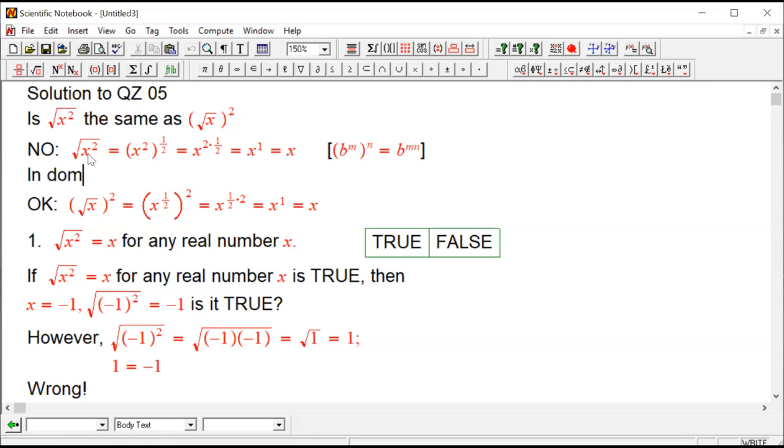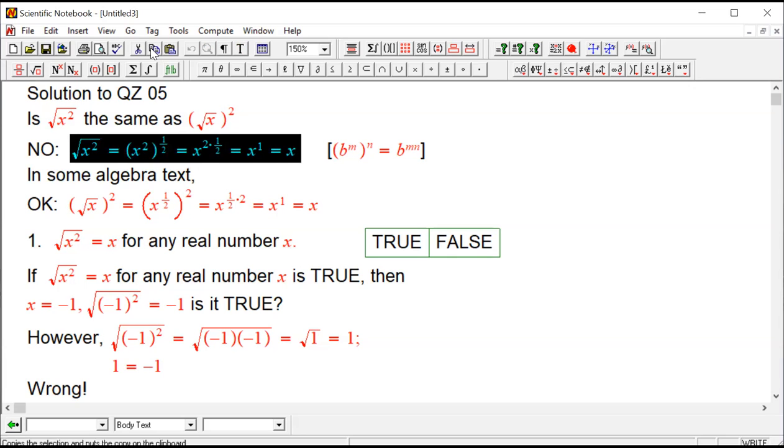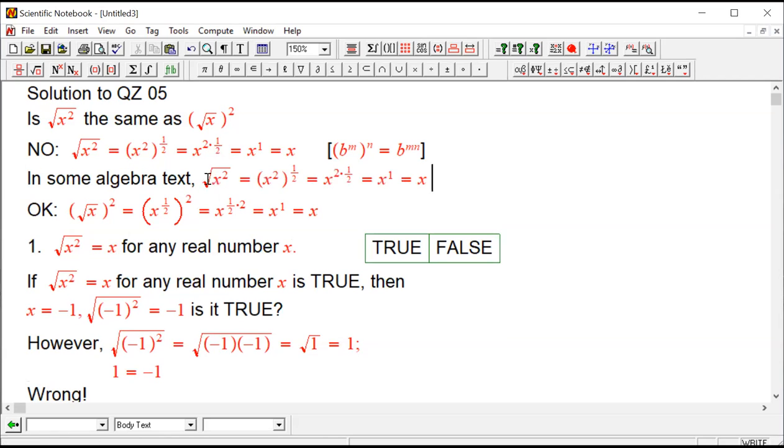In some algebra text, you do see this, but there is an assumption behind it. Typically, in the title of that set of exercises, they will assume x is greater than or equal to 0.